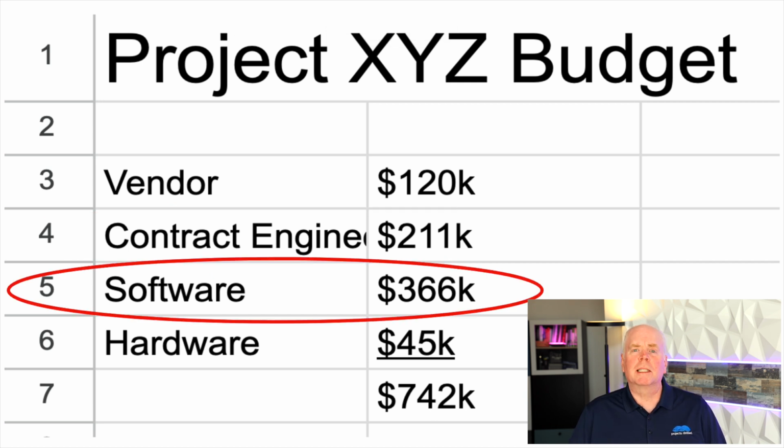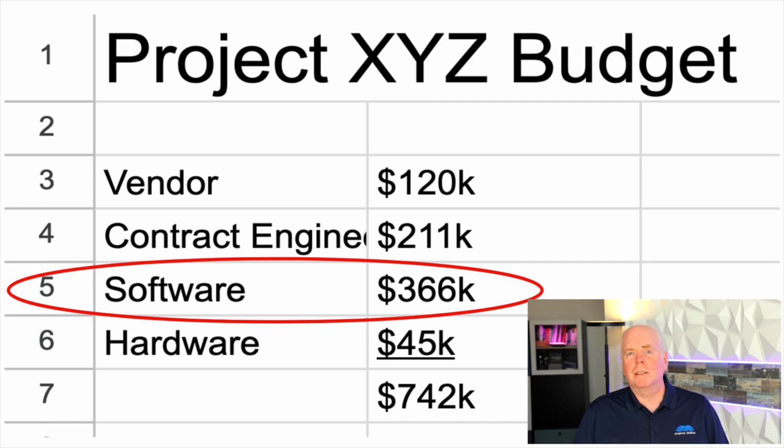Software, $366,000. So what does that buy us? Is that actually buying the software, or is that a subscription? Back when I started doing projects, it was usually an actual purchase, you would buy that software and you got to run that version in perpetuity. That's not how it works in most cases now. Most software is now software as a service, so that's a service cost.